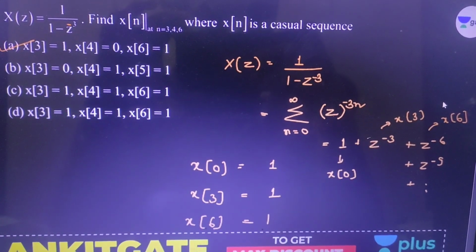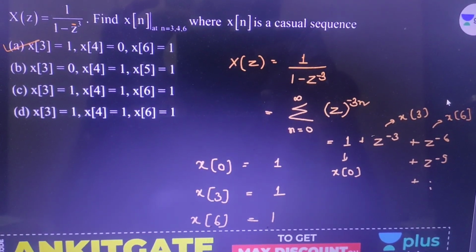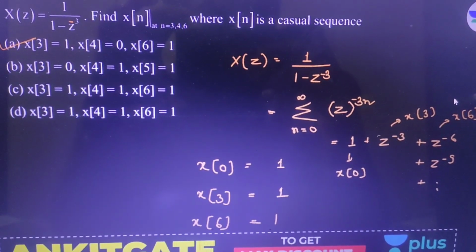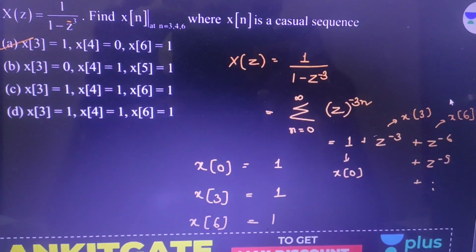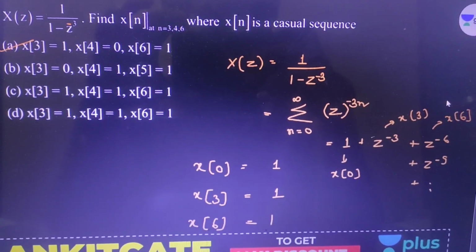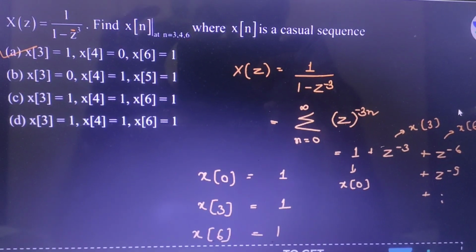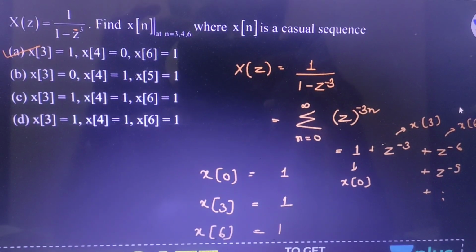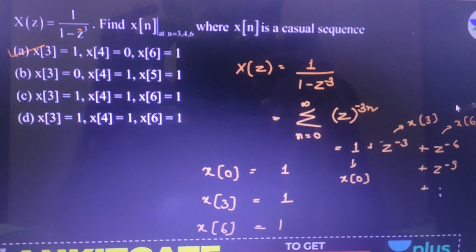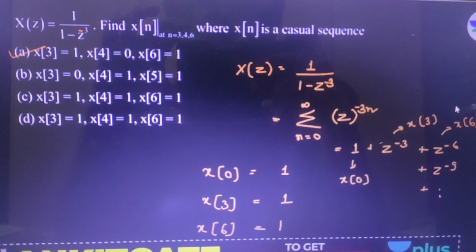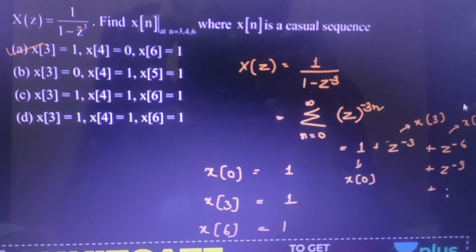By substituting the values n equals 0, 1, 2, 3, you will get 1 plus z power minus 3 plus z power minus 6 plus z power minus 9, and so on. So x of 0 is 1, and x of 3 implies z power minus 3, that is coefficient 1, and x of 6 also you will get as 1.